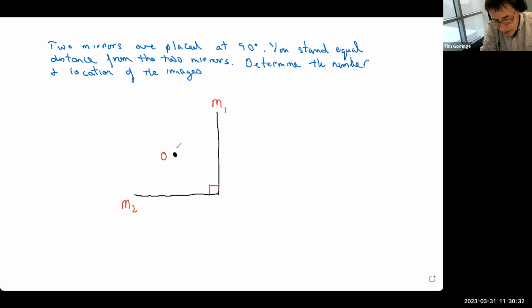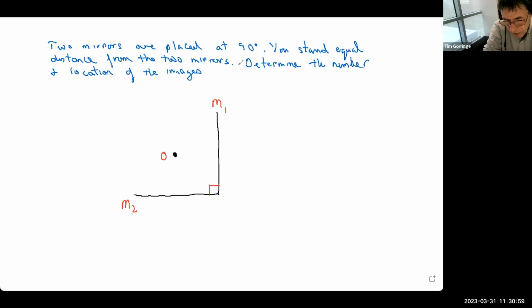So here I'm standing an equal distance from the vertical mirror, on the right here, and the lower mirror, below here. The question is, determine the location and the number of images of you or me in this arrangement of mirrors.